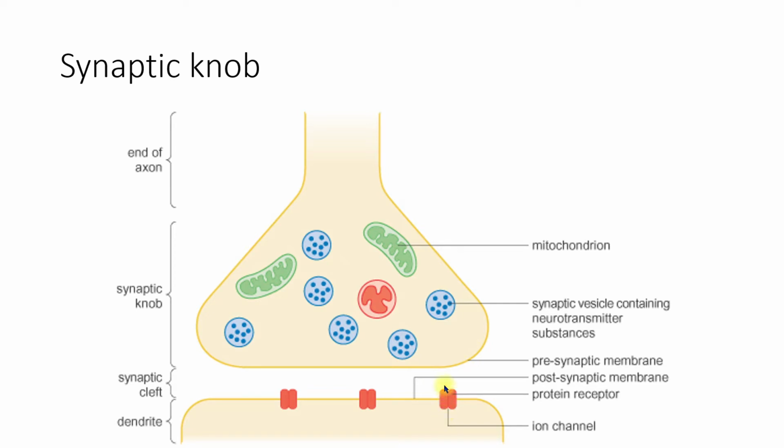To be more specific, this protein receptor is known as the ligand-gated ion channel, which allows influx of sodium ions from the synaptic cleft into the postsynaptic knob, and allows the outflow of potassium ions from the postsynaptic knob into the synaptic cleft. The reason is to propagate action potential from one neuron to another neuron.